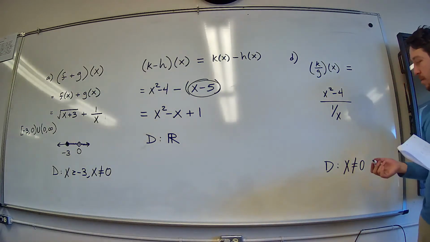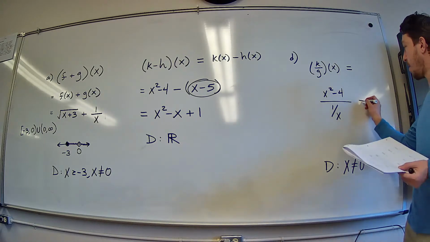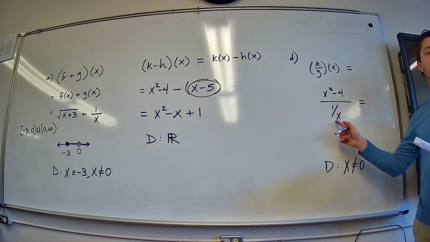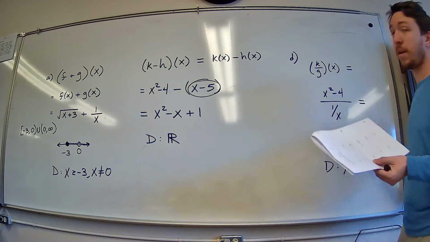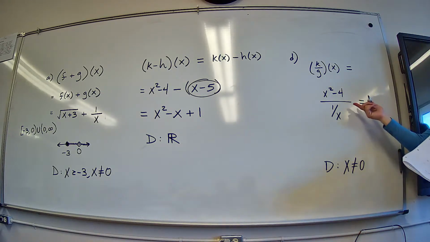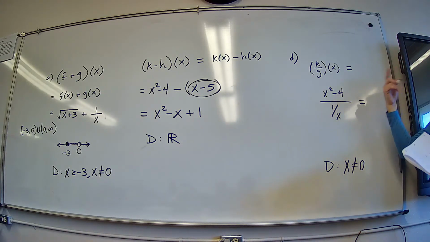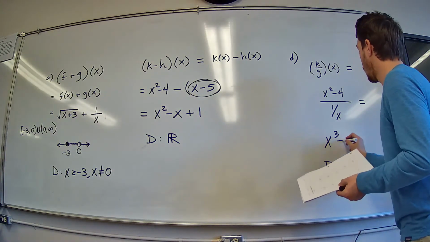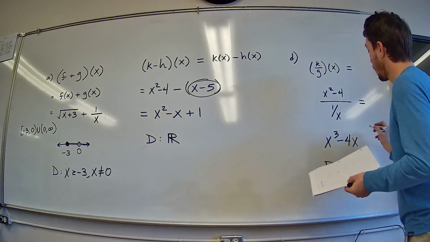But then, this is the confusing part. You might go, wait a second, I can simplify this, can't I? What's dividing by 1 over x the same as doing? Multiplying by x. So I can really think of this as x squared minus 4 multiplied by x. So x cubed minus 4x.